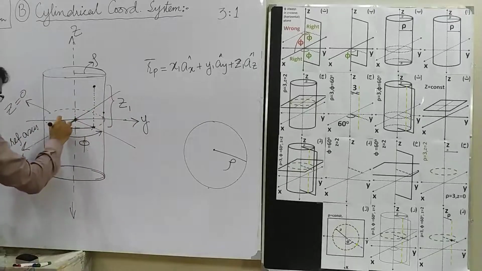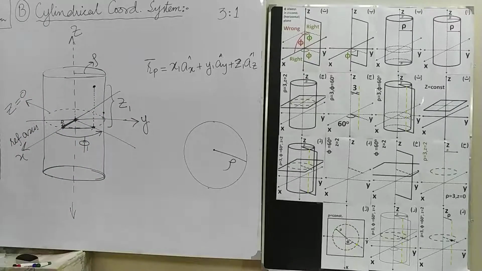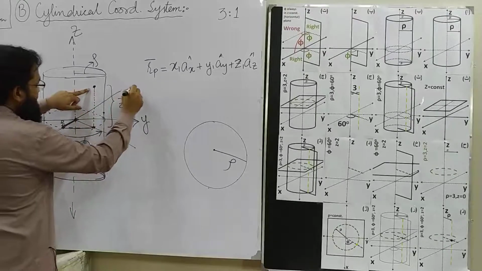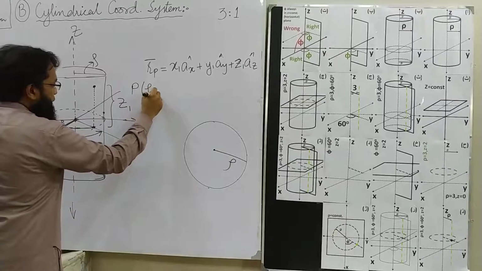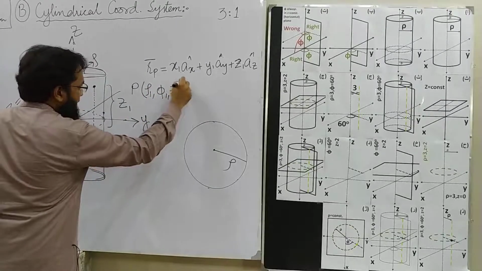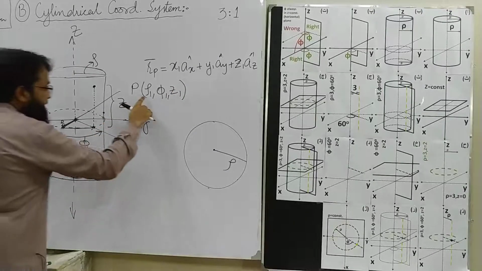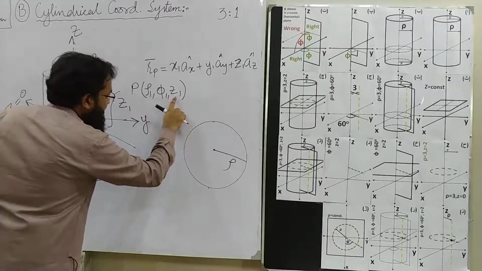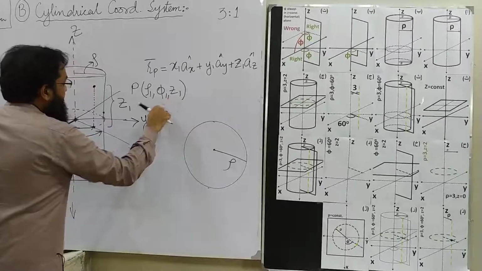So let's say this radius is rho 1, this angle is phi 1. Now we would say that we have reached the point P whose coordinates are rho 1, phi 1 and z1. It means that we have got a new set of coordinates: radius, angle and height with respect to the z equals 0 plane.